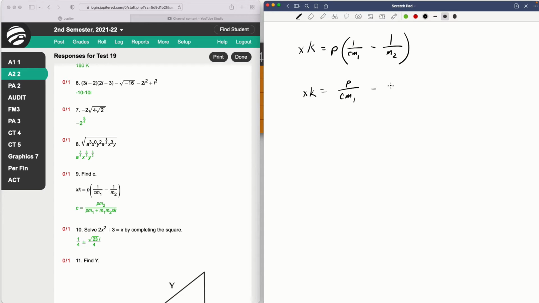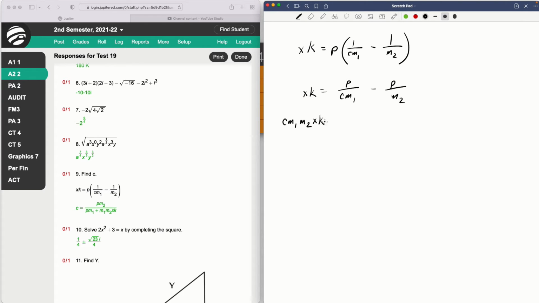All right, now we're going to find a common denominator, which means we're going to multiply cm1m2 times everything, right? So I need to multiply m2 times this one. Or actually, let's just go ahead and multiply this times everything over here. So cm1m2 times x times k is equal to m2 times this, which allows me to get rid of this.